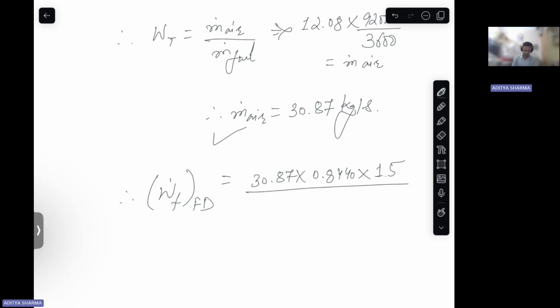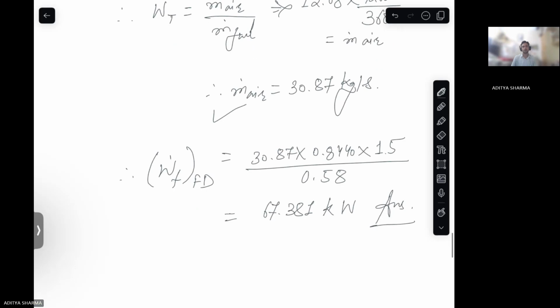So I'll keep it in kilos only, 10 raised to power 3. So if you work this out, this will come out to be 67.381 kilowatts. Answer. Okay.